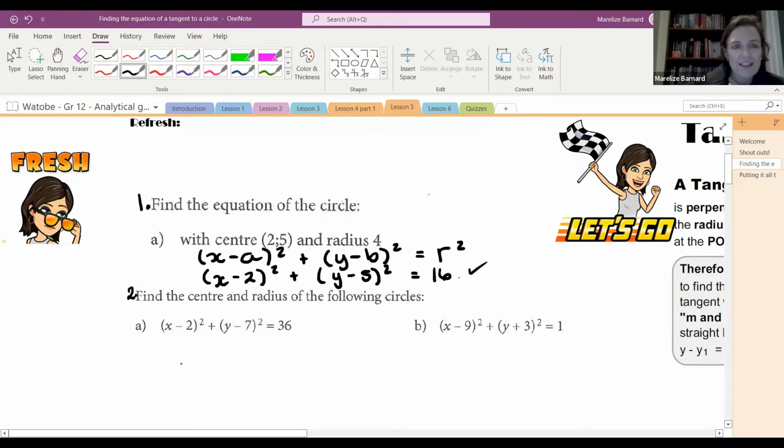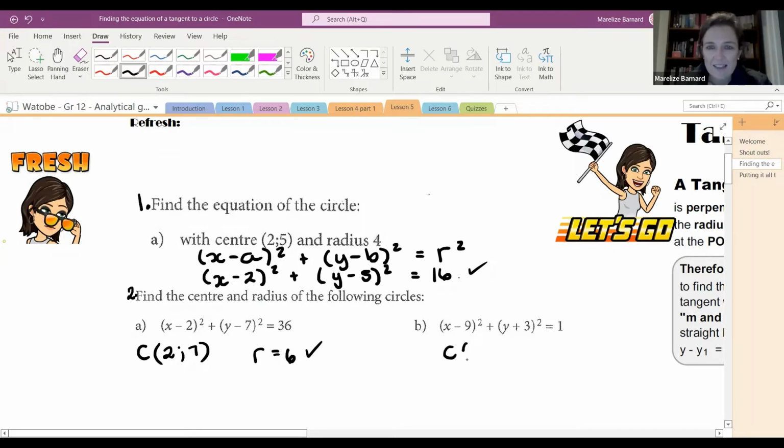Okay. Then the center and the radius of the following circles. So the center for 2a is going to be 2 and 7. And that's C. And the radius is going to be the square root of 36, which is 6. Give yourself another fat tick if you got that one right.